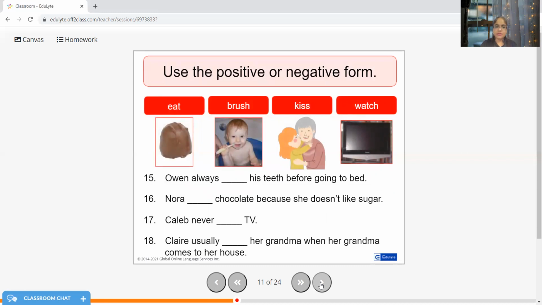Avan always brushes his teeth before going to bed. Nora does not eat chocolate because she does not like sugar. Caleb never watches TV. Clary usually kisses her grandma when her grandma comes to her house.